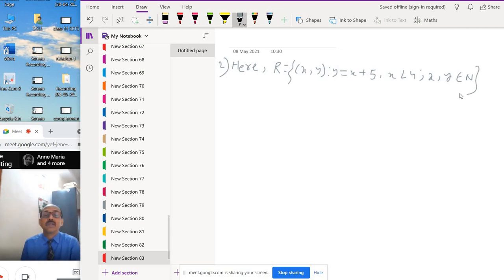Okay, so this is the relation R given in the question. By using this condition y equal to x plus 5, write the relation R.